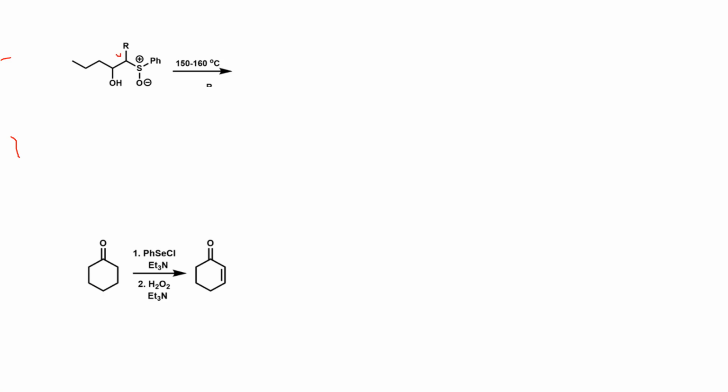This is alpha. This is beta. There is a hydrogen. This O minus will take up this hydrogen and the sulfoxide gets neutralized.